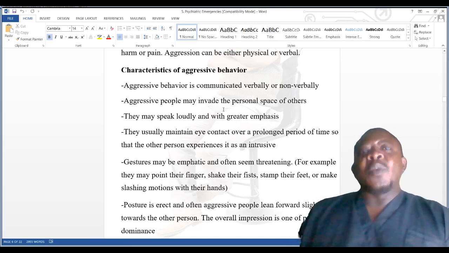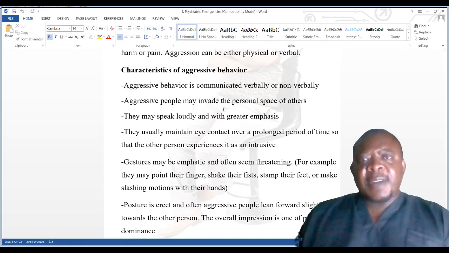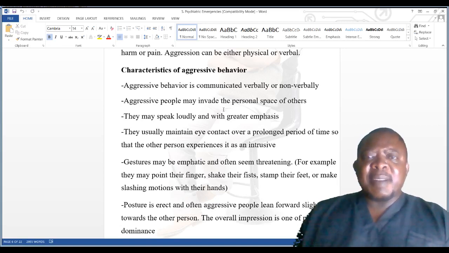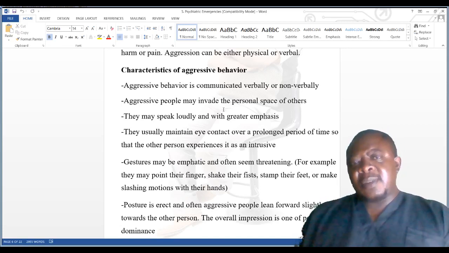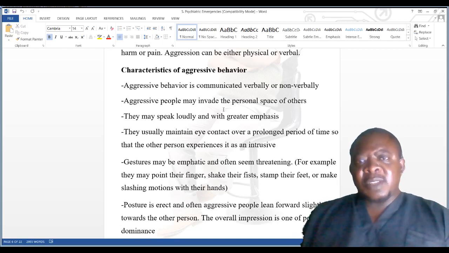Here, I just want you to imagine people that want to fight. You see the aggressor mostly approaching the other and looking at the other person's eyes. They come so much into your personal space. There's personal space, there's social space, but they come way too close to you.